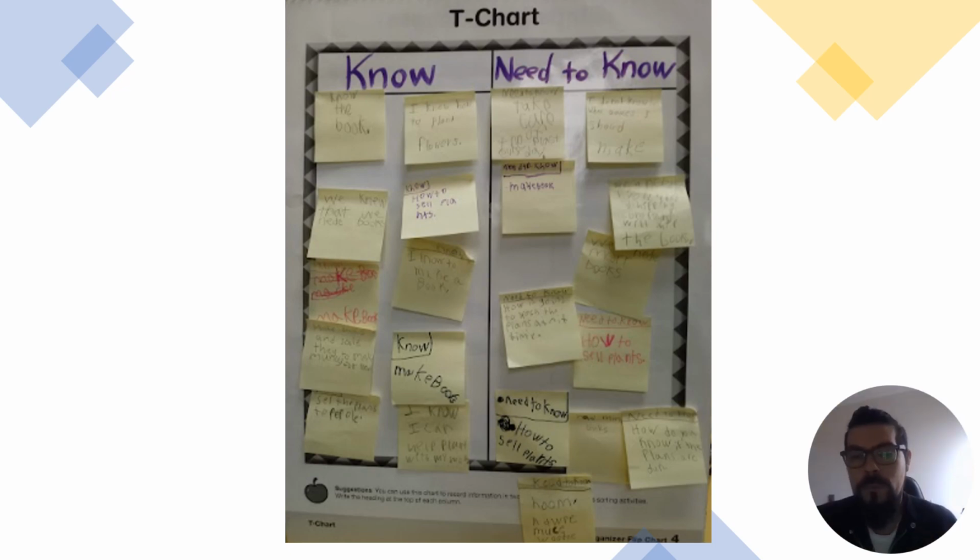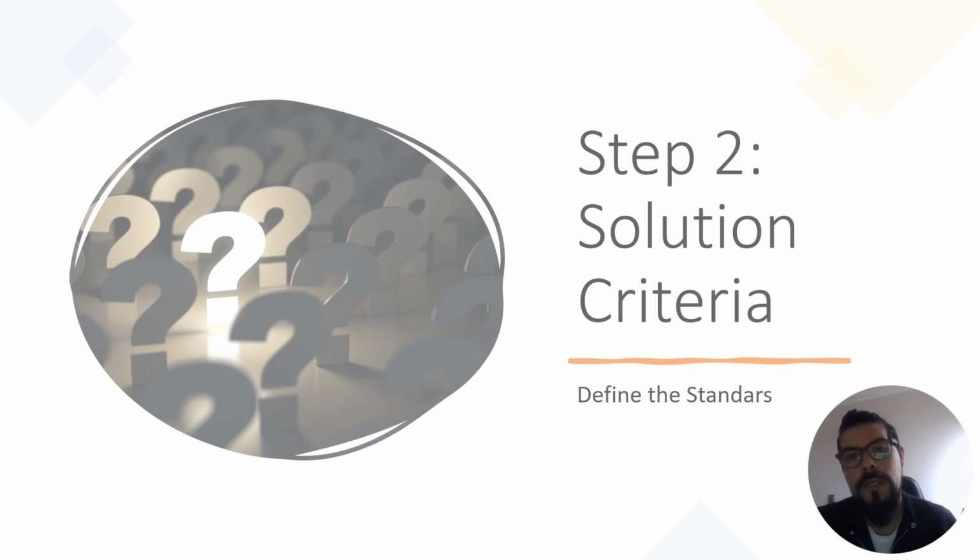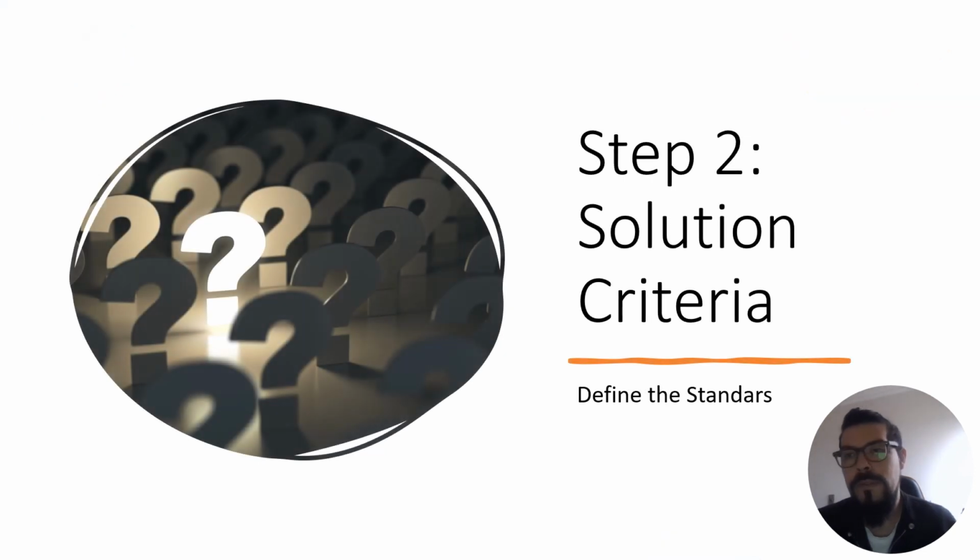All right. Once the driving question is set and students identify what they know and what they need to know, they should start thinking of a solution criteria, what they are going to do. Okay, that would be step number two. They will define the standards on how to proceed.